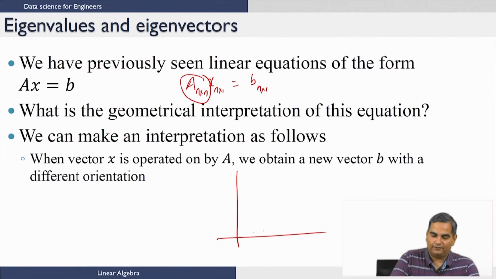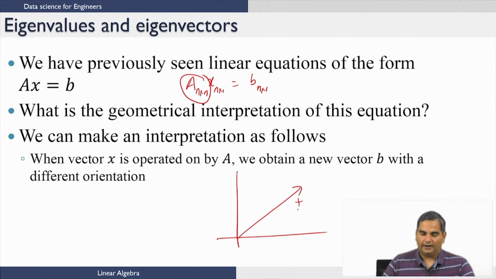Supposing I have a vector x, something like this, and I operate A on this. By operating, I mean we define an operation as pre-multiplying this vector by A. So, let us say I operate A on this vector, which is Ax, then from this equation I get b, which is basically some other new direction.